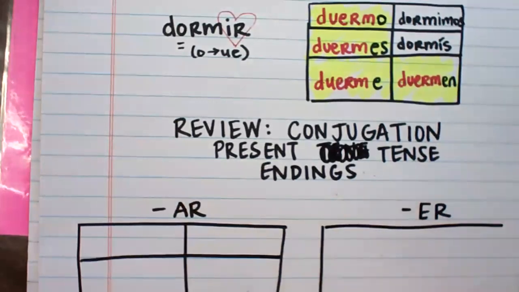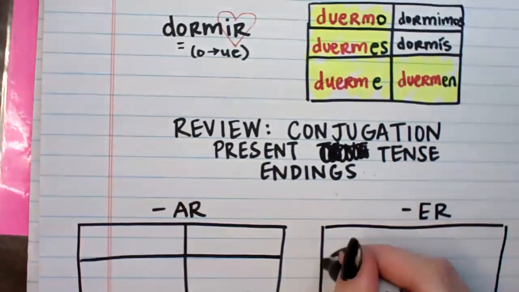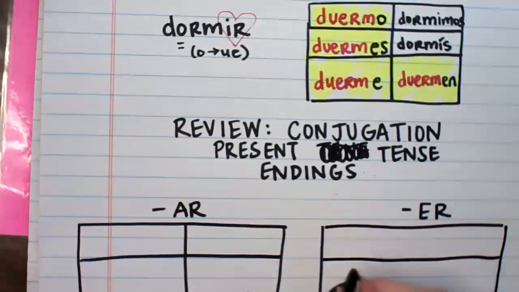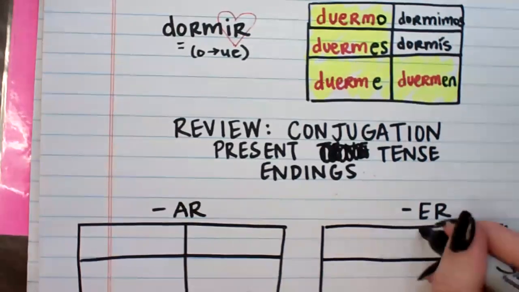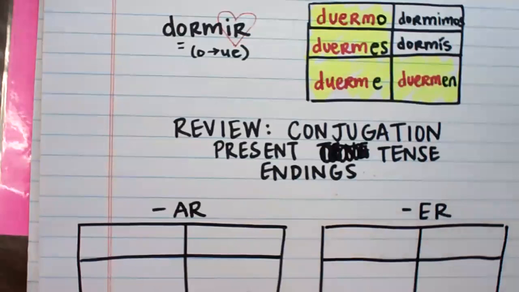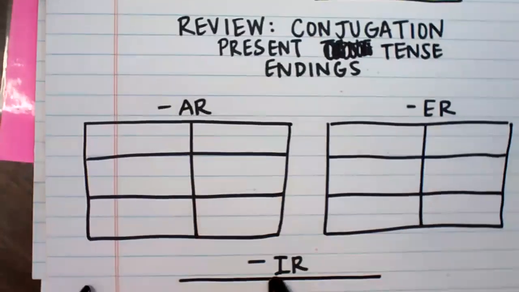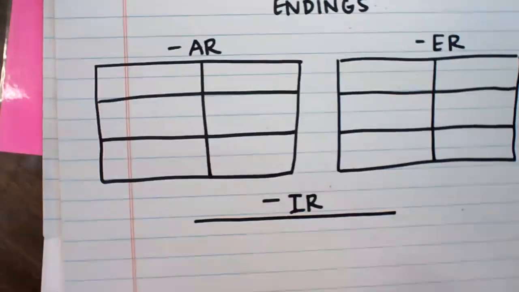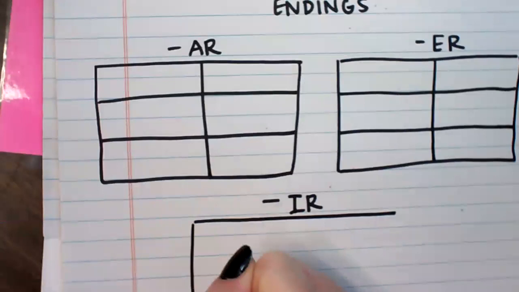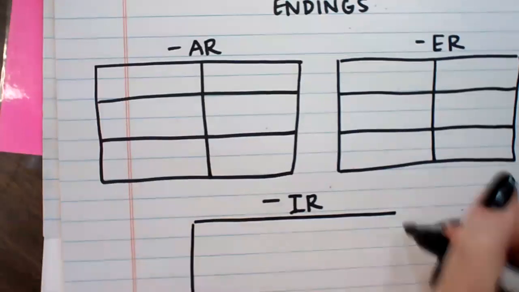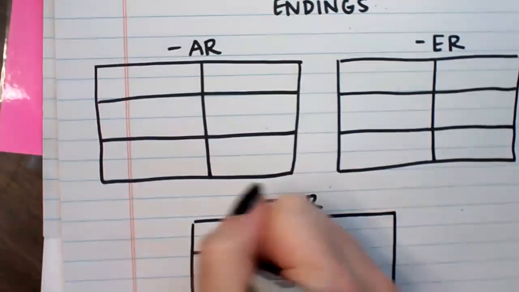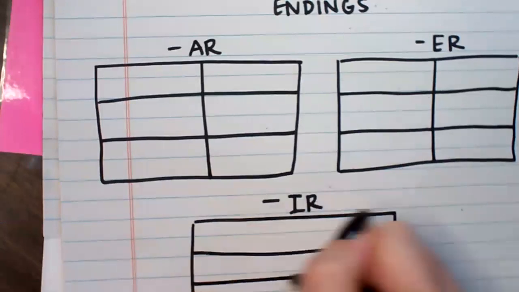So if you remember in Spanish 1, when we're conjugating verbs into the present tense, the first thing we do is remove our infinitive ending, which is the AR, ER, or the IR. And once we have that removed, we're going to replace it with a new ending based on the subject of the sentence.